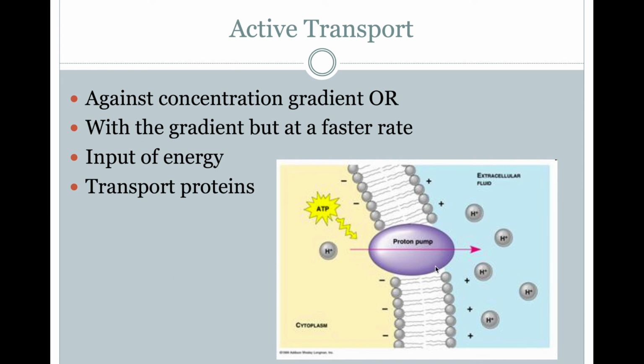So here's a picture exactly like what I drew, much better of course, where protons can be actively pumped out of the cell, or at least into the periplasmic space here, where there already is a very high concentration of that molecule, but in order to do so, this requires the input of energy. In this picture, it's showing energy in the form of ATP, but we'll see in chapter 7 that this is the reduction-oxidation reactions.